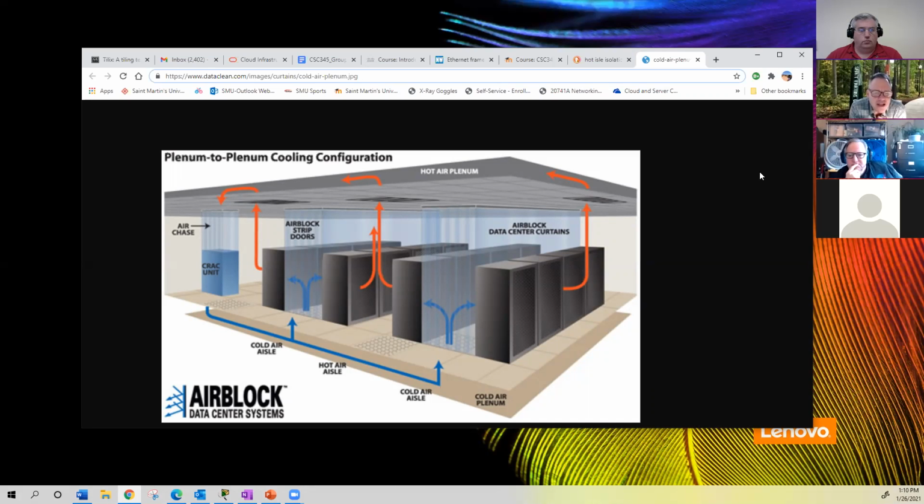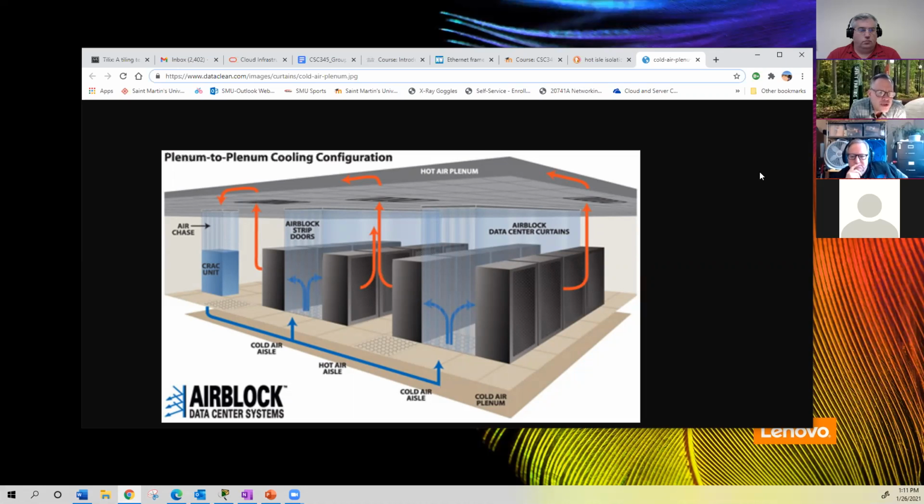So these are tiles that are on a data center floor. And these perforated tiles allow a certain amount of airflow in CFM, which is cubic feet per minute. And they have different ratings. You can actually measure the airflow using a flow hood, as it's called, which measures the airflow in cubic feet per minute. And it comes in, it is cooled in the unit over on the far left called a CRAC unit.